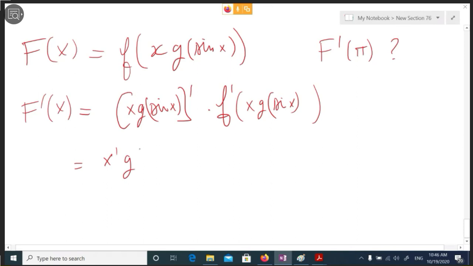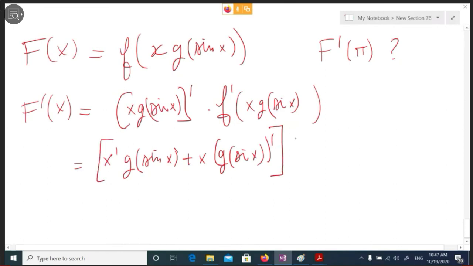It is x prime times g of sine of x plus x times g of sine of x prime. If you do it like that, it's wrong. You have to do it like this. And then these two terms are multiplied by this term here, which is the same as before.